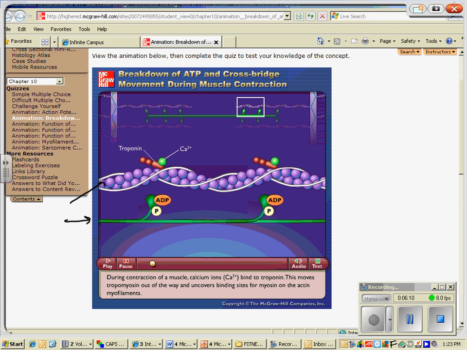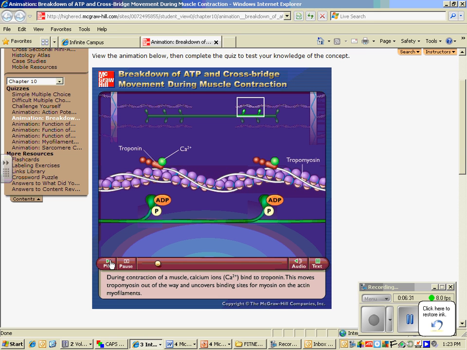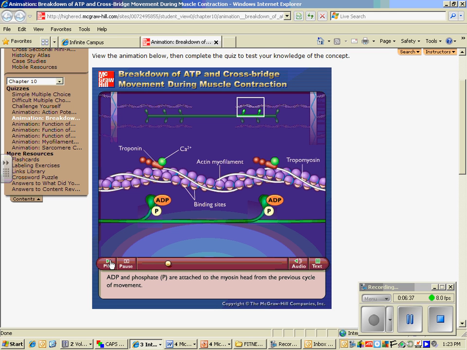This is the actin. Okay? They're showing it right up here in the top. These are the little myosin heads right here. Okay? They're all set to go. Here come the calcium ions. Okay, calcium ions make this. You don't have to know troponin and tropomyosin, but they move it away.